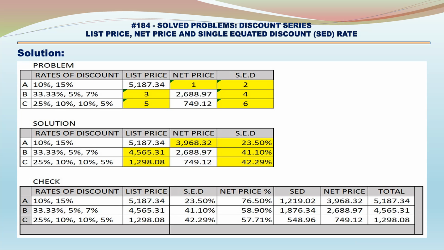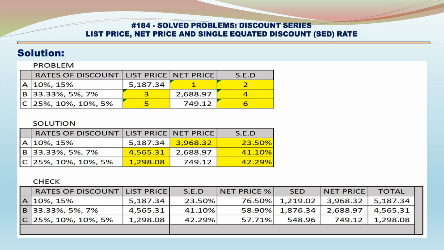Rates of discount, list price, SED, net price, and total. A. List price 5187.34, SED percent 23.5%, net price percent 76.51%, SED 1219.02, net price 3968.32, total 5187.34.